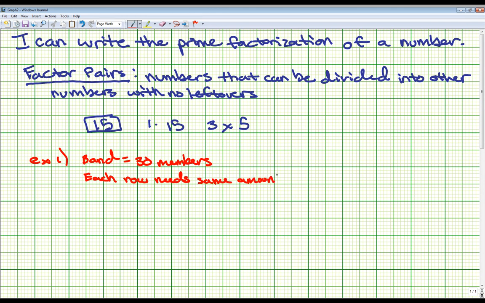So you can't have a row with a different number of people in it. And then lastly, how many arrangements can there be? So we want to figure out how many different arrangements. And another way of saying this is we want to list the factor pairs.